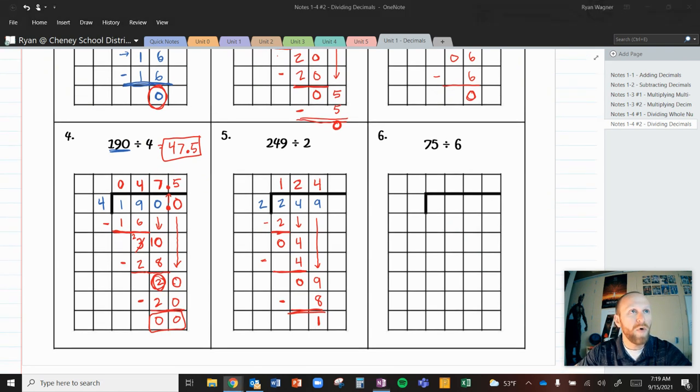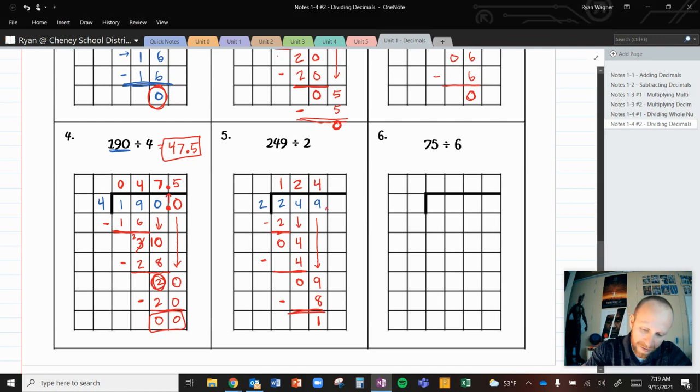Now we have no more numbers left, and we have a 1. So what we have to do is put our decimal after our last number. We're going to bring that up into our answer, and we're going to put a 0 as the placeholder. We drop down our 0. Remember, don't forget to put our decimal and then move it up into our quotient, our answer.